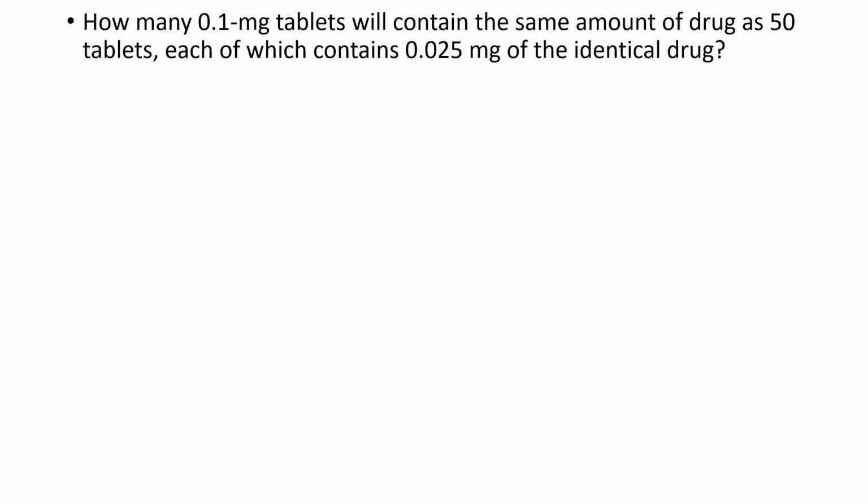So each tablet, the ratio is 0.025 milligrams per tablet. We will be equating it. How many 0.1 milligram tablets do we need to equate a single tablet? Oh, I see. 0.1 milligram tablets.